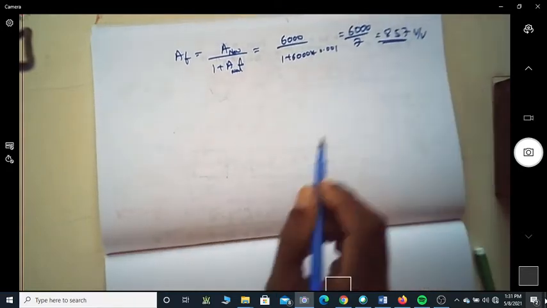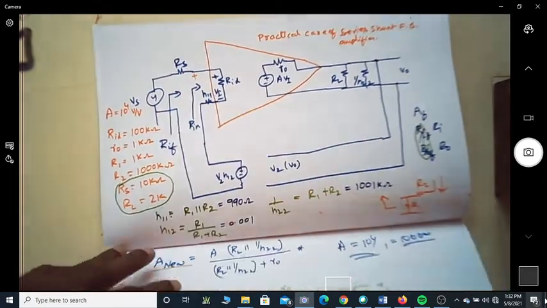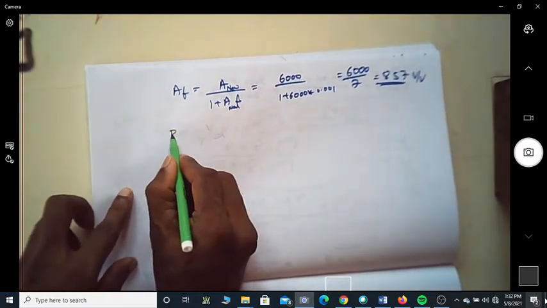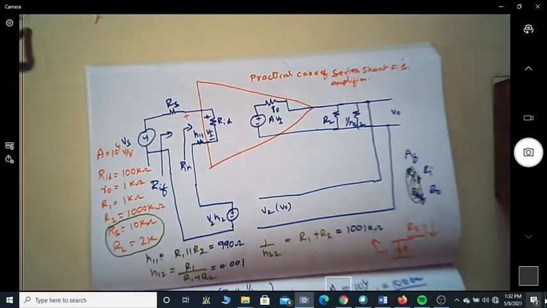857 volt per volt is the gain after considering the feedback, sorry, the impact of the non-idealities of the source and load on the feedback network. And we have to find RIF, that is the input impedance of this network.